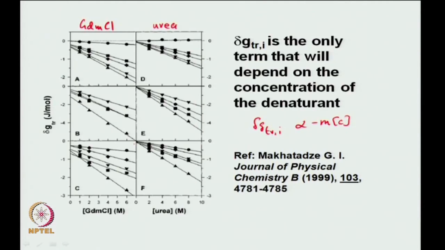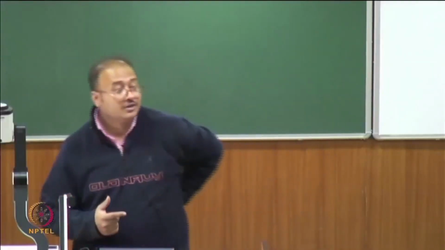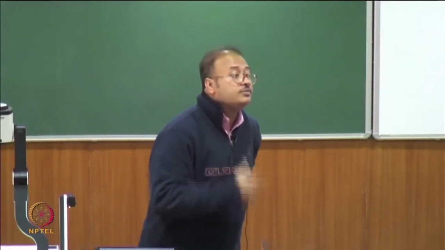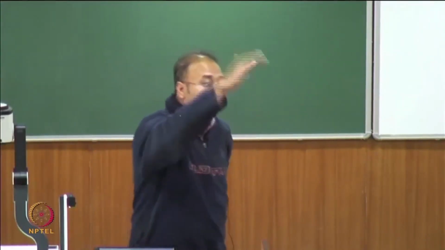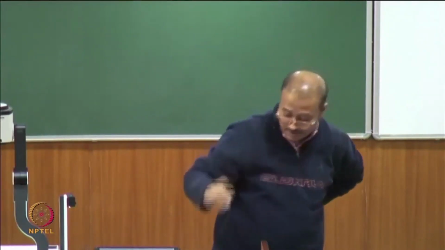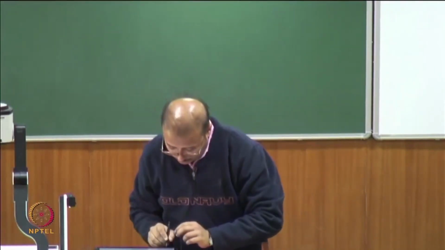But is it the same for guanidine hydrochloride? It is not the same for guanidine hydrochloride. What is it? You always get something which is below that. What does it mean? You are actually overestimating it by a certain amount. Remember, you are always below 0. Okay. So, let me just go forward.